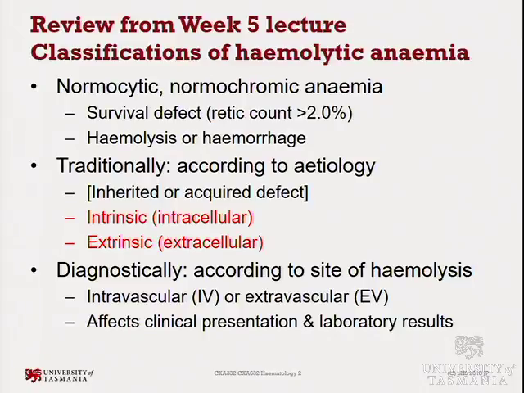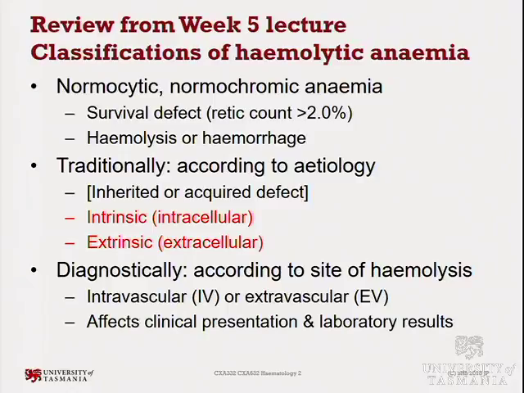So whether it's an intrinsic or intracellular cause, something that we just talked about with the membrane defect or an enzyme deficiency within the red cell, or whether it's an extrinsic or extracellular cause. This is very much something that has changed within the environment of the red cell. So the red cell itself might be okay, but something has changed within its environment. Our intrinsic or intracellular causes are more likely to be inherited, whereas the extrinsic or extracellular causes are more likely to be acquired, again because it's to do with changes in the environment.